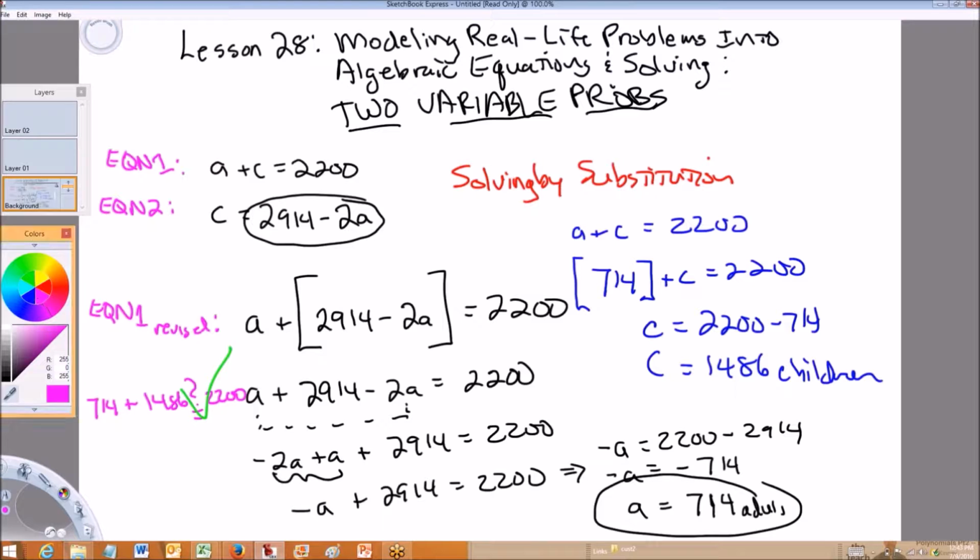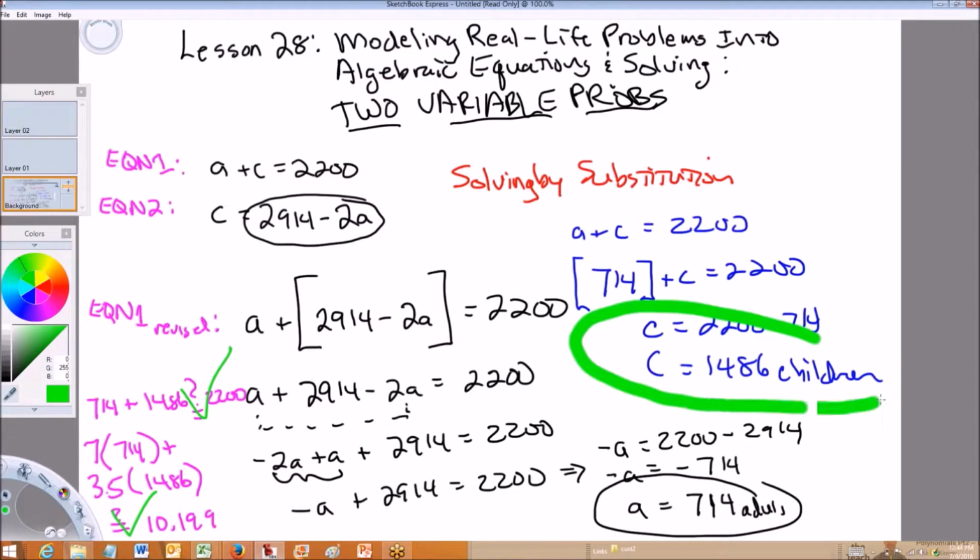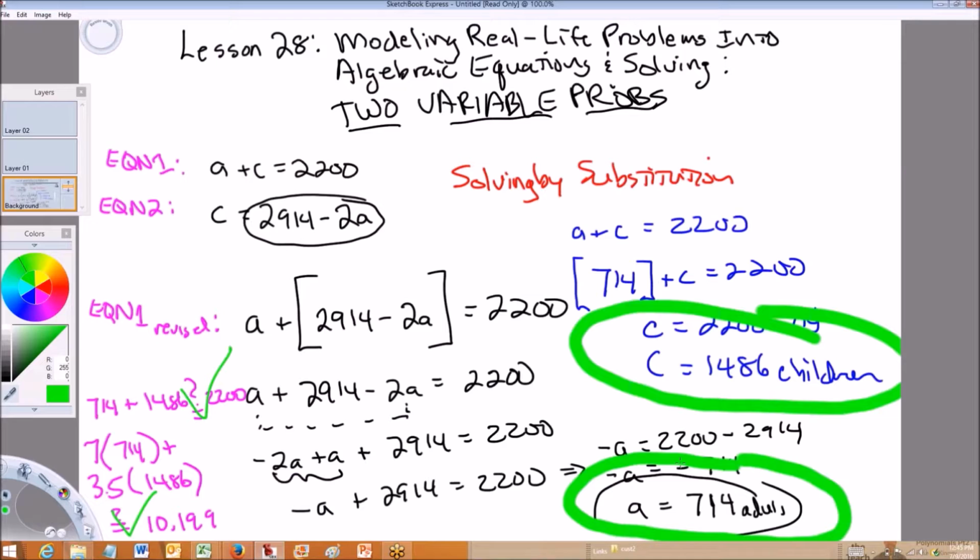And that is that $7 times the number of adults plus $3.50 times the number of children should equal 10,199. And plugging that into the calculator, we see that it does equal. So we know that our values are correct. So again, number of children is 1,486. Number of adults is 714.